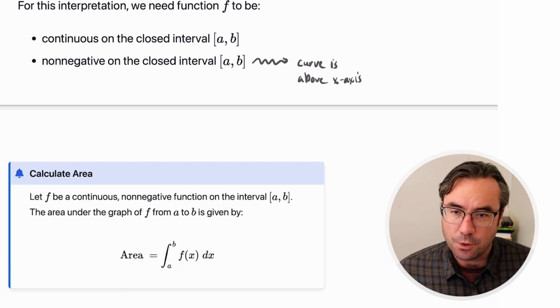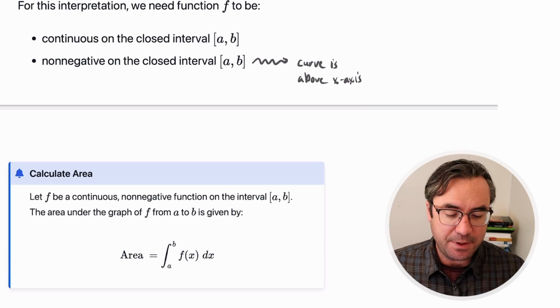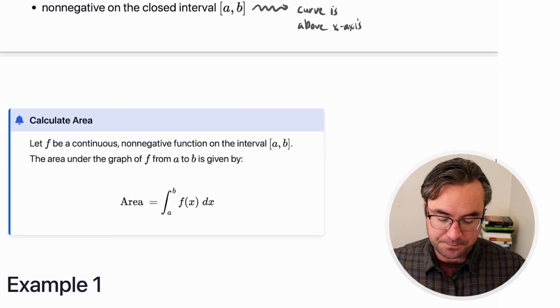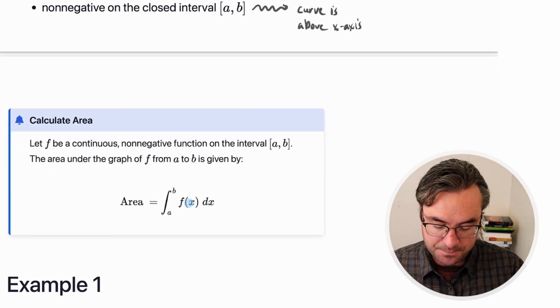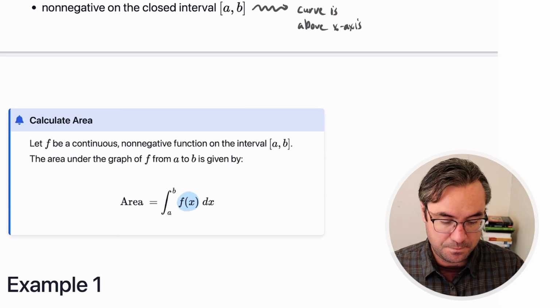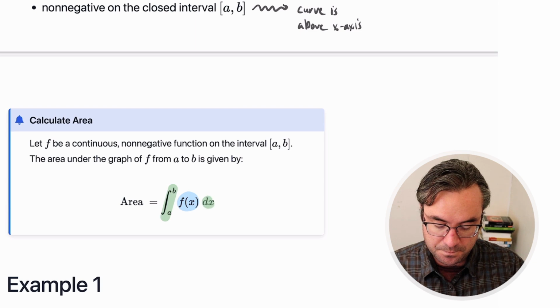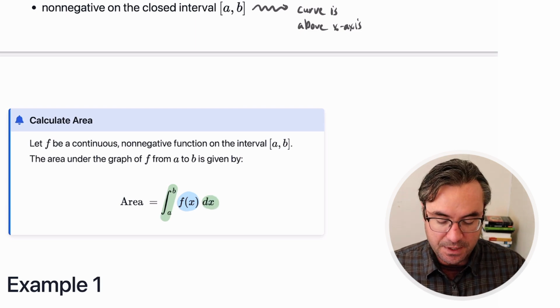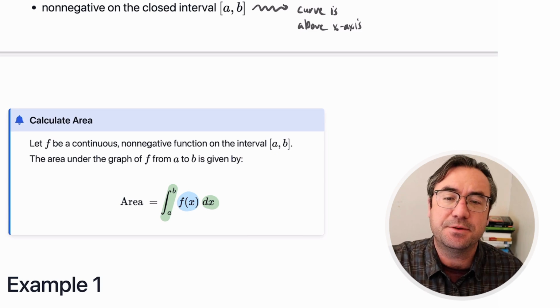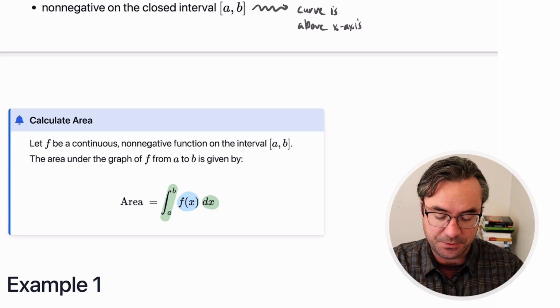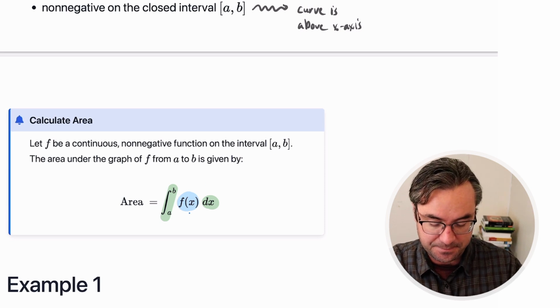So we can just integrate our function from a to b. And again, the thing we need here for this to work is f of x has to be above the x-axis. So we just want to keep that in mind.